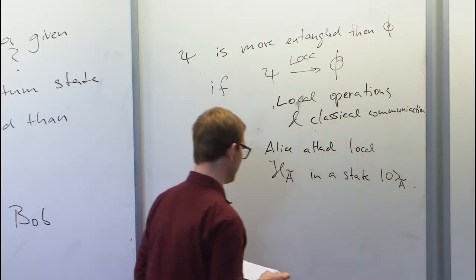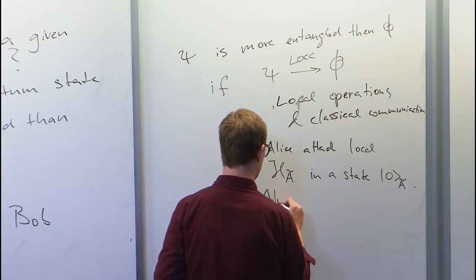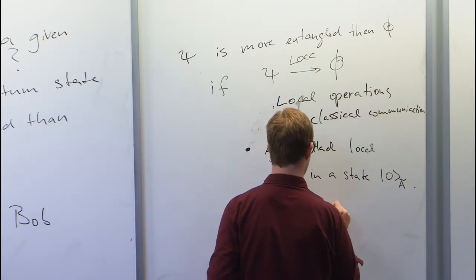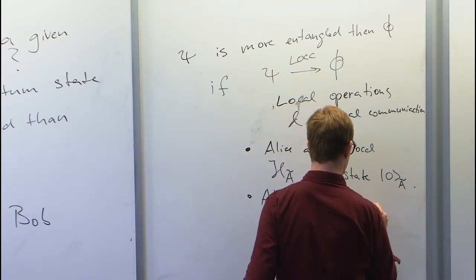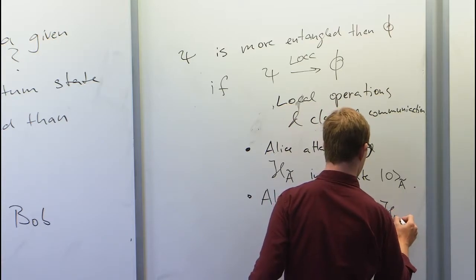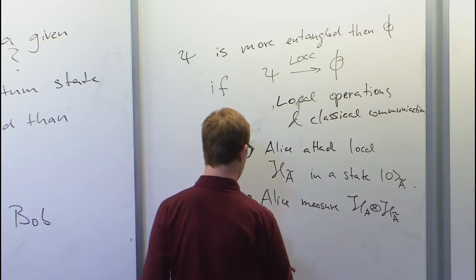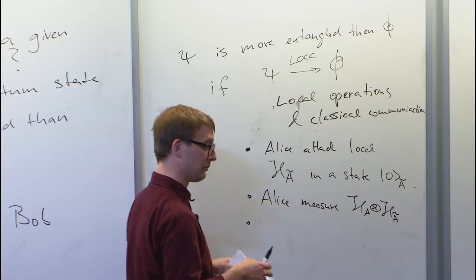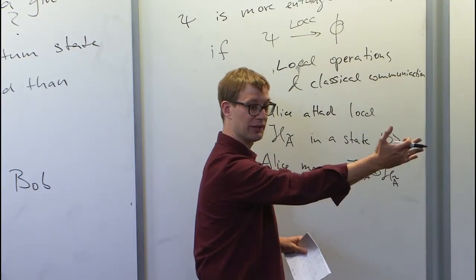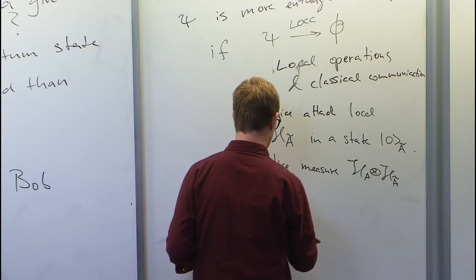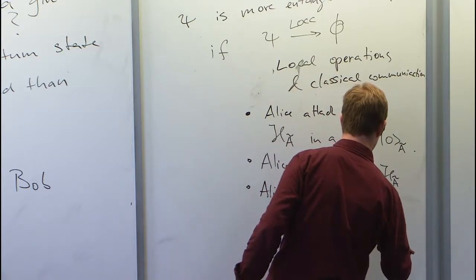That she certainly can do on her side. Then she can also measure. She can make a joint measurement on this joint Hilbert space that she has. Then she gets some measurement result i, and she can communicate that measurement result i to Bob. Alice tells Bob the measurement result.